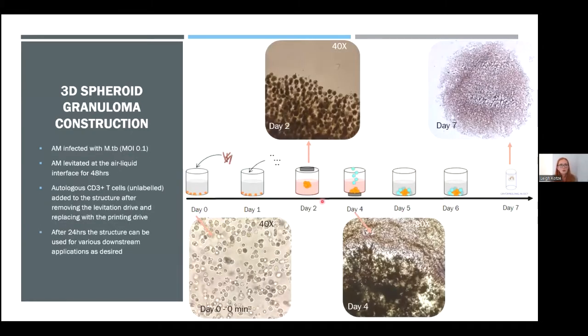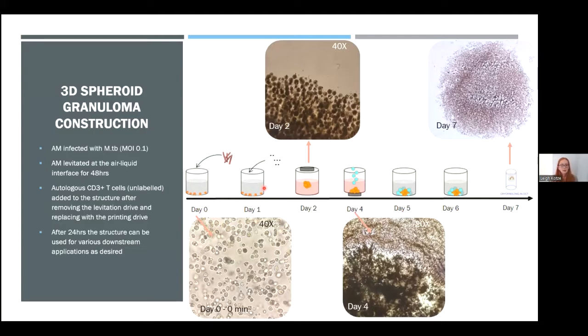So just a quick description of how we actually generated the granuloma structures. We infected alveolar macrophages with MTB or BCG, and the non-internalized bacteria were washed away and then the structures were cultured overnight. We then added specialized nanospheres, which are polyol lysine coated gold iron oxide nanoparticles, which bind electrostatically to the surface of the cells.